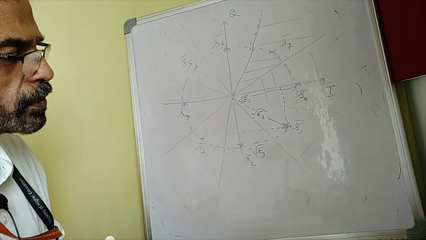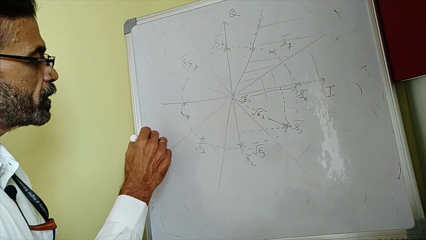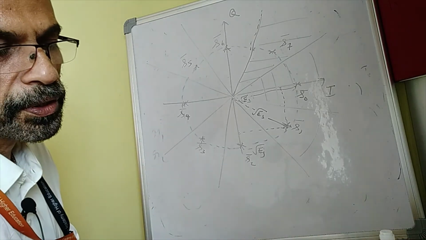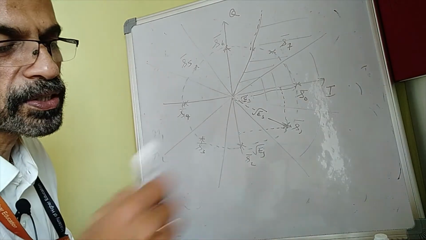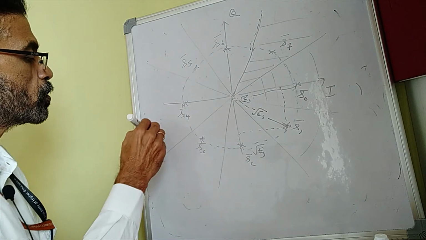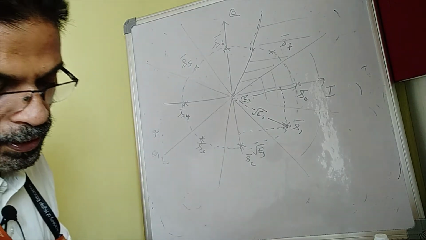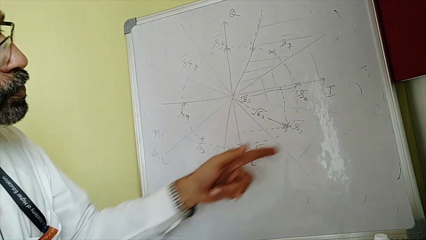So now the receiver schematics will remain the same. You obtain R1 and R2 using the same receiver schematics as the one used for QPSK. Obtain R1 and R2, and then locate the point described by R1 and R2 in the signal space.